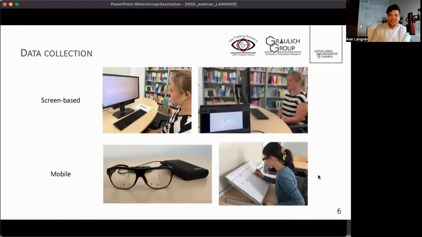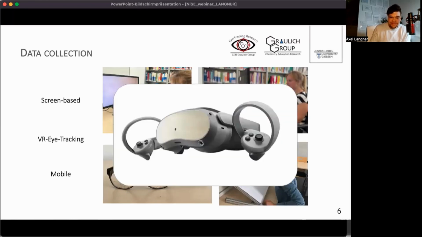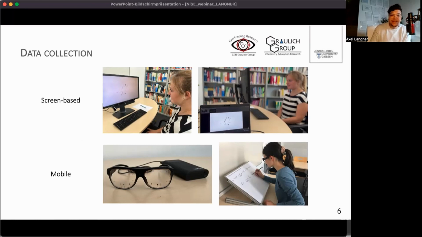And this is how it looks like in the real world. So here I showed you on the schematic picture the screen-based eye tracker, and here you can see the screen. Can you all see my mouse? Okay, great. On the bottom, you can see here the eye tracker, and a person is sitting in front of the monitor.